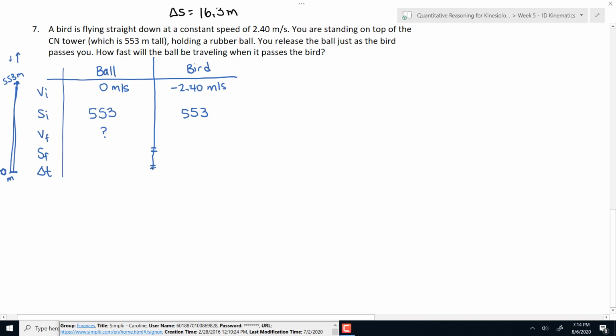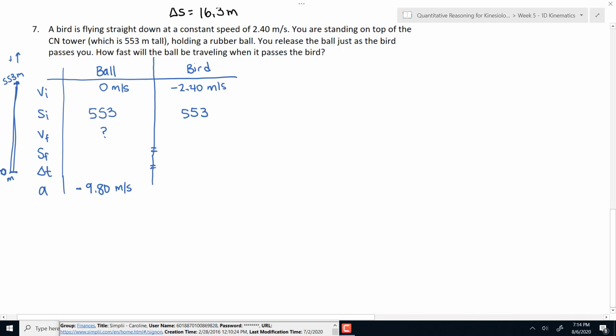Now there's another variable here that we haven't written that's explicitly told. I mean, not explicitly told, and that's acceleration. The ball is falling due to gravity, so its acceleration is 9.80 meters per second squared. And we said that up is positive, and acceleration due to gravity always points down, so it's a negative.